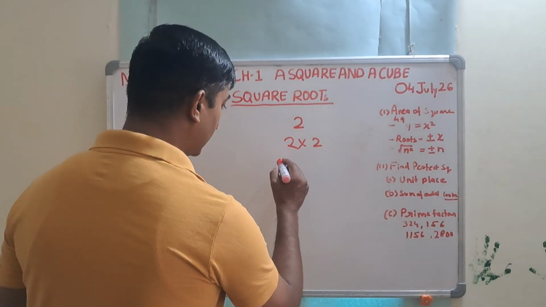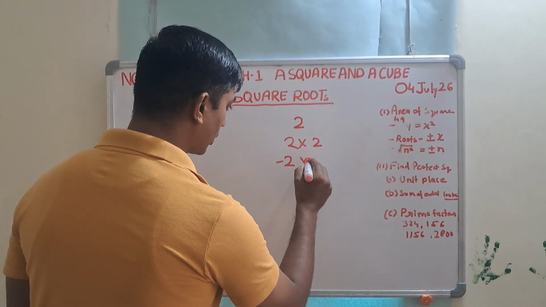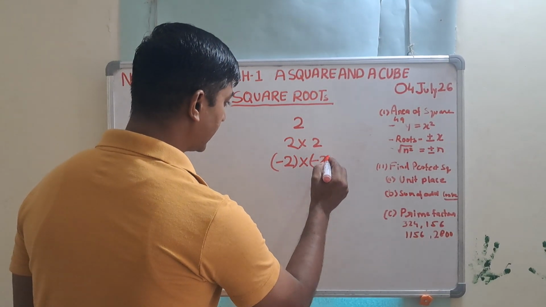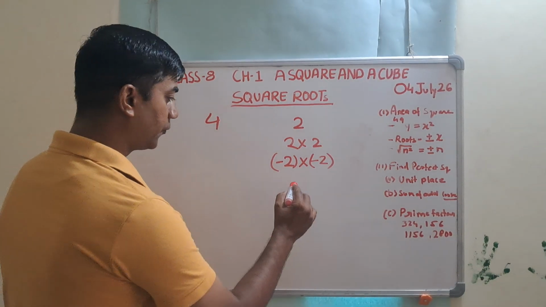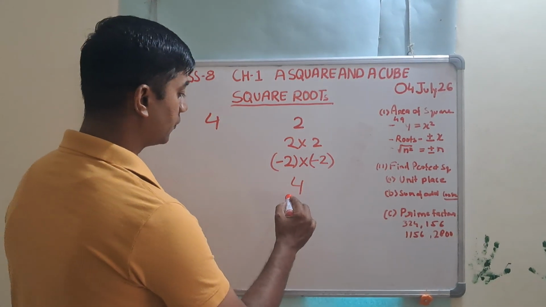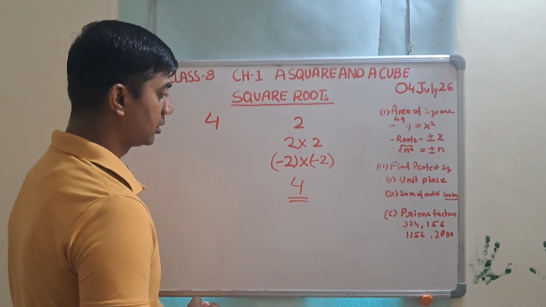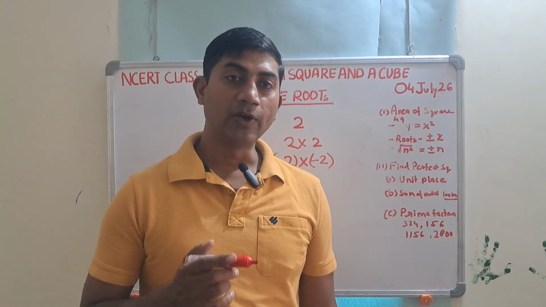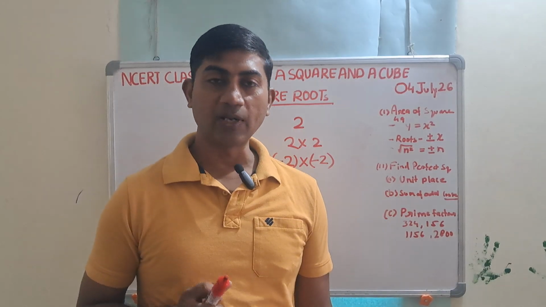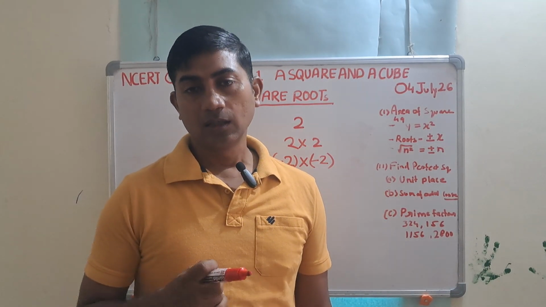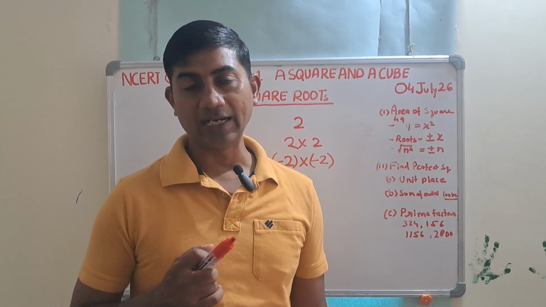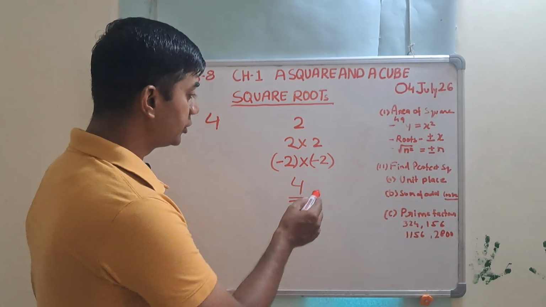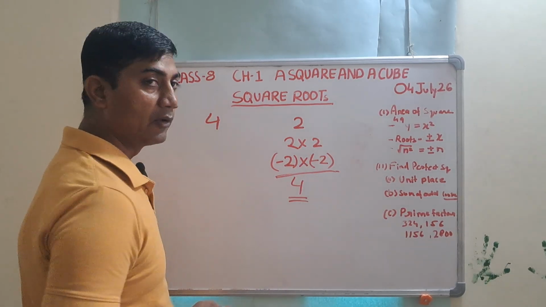Now you can multiply minus 2 into minus 2. What result will you get? You will get 4. What does it mean? What we have studied: when a number is multiplied by itself, the outcome becomes the perfect square and the number becomes the square root of that number. And this situation satisfies our definition.